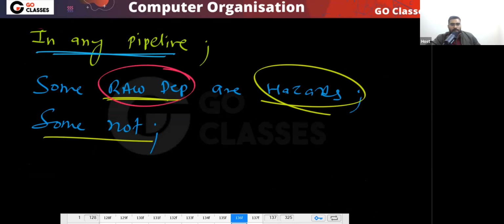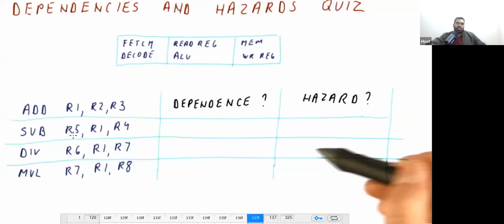For example, can you solve this question? With respect to this I1, are these dependencies or are these hazards? This is what the question is asking. The pipeline information is given to you.